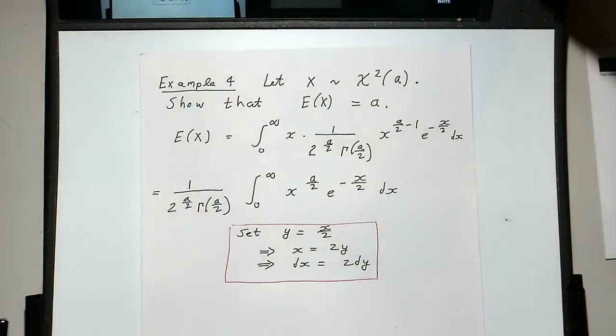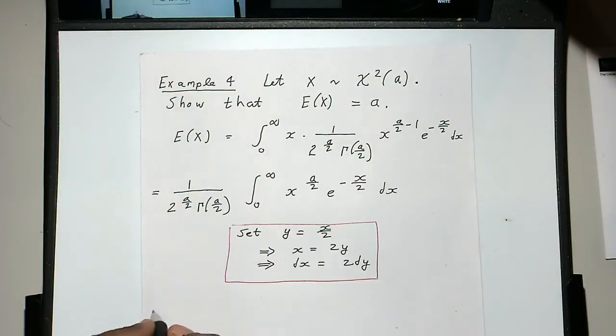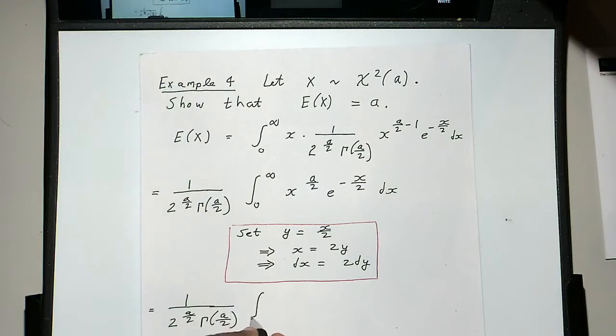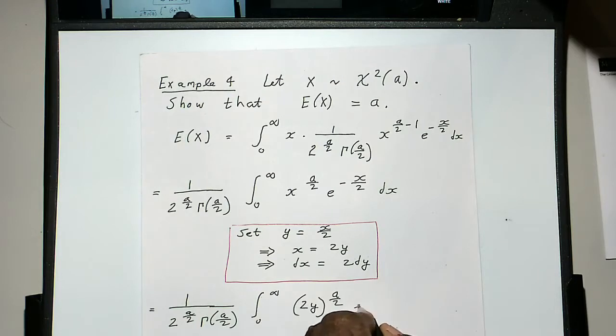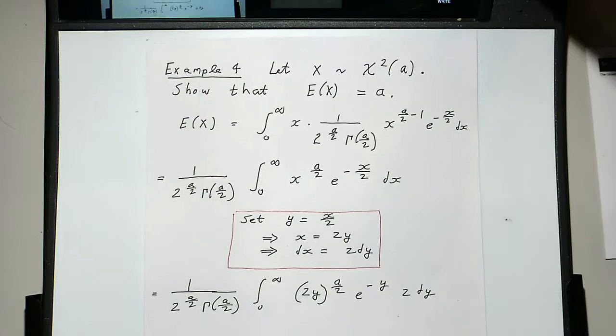And then if you substitute back into the integrand, x will become 2y, x over 2 will become y, dx will become 2 times dy. Okay?